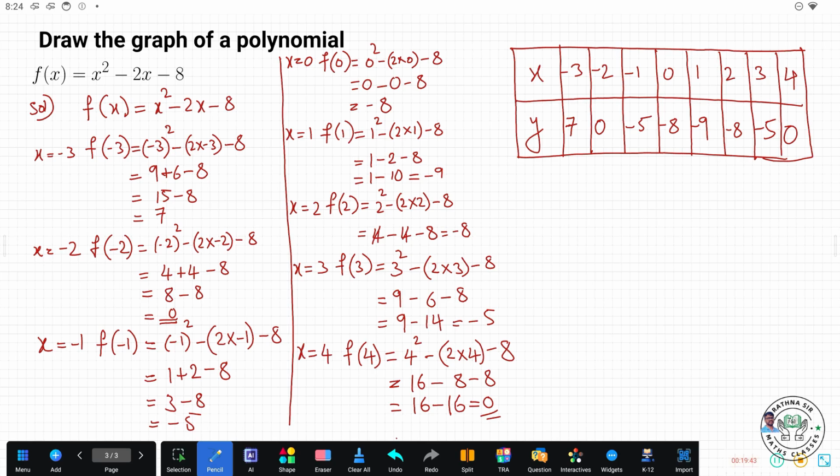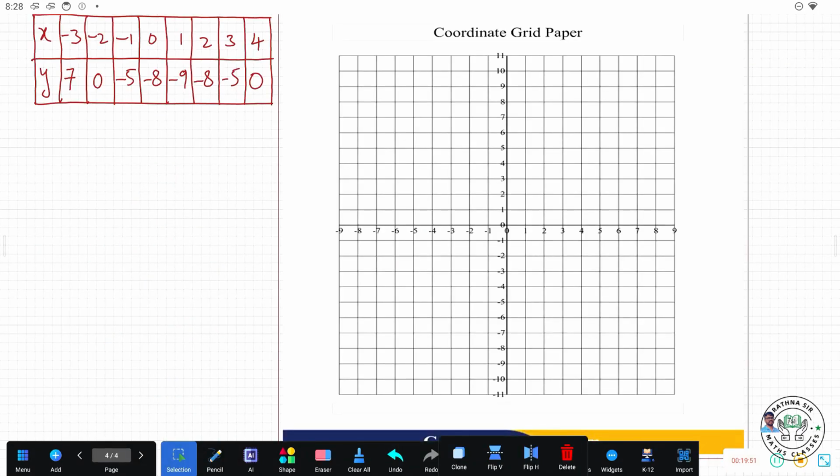So using these points, now we will try to plot our graph. Here is the table with our points: minus 3 7, minus 2 0, minus 1 minus 5, 0 minus 8, 1 minus 9, 2 minus 8, 3 minus 5, 4 0.